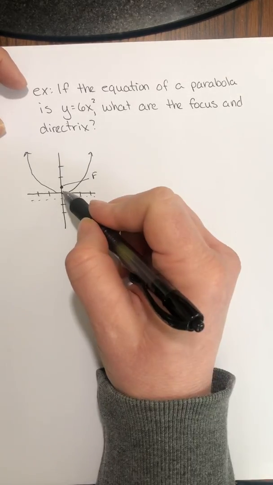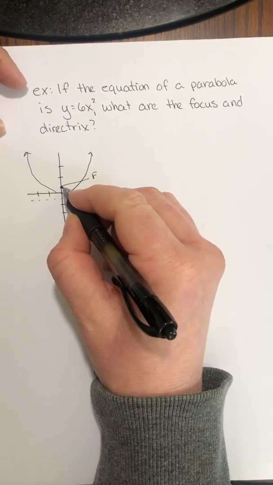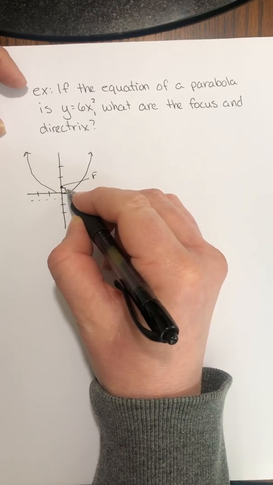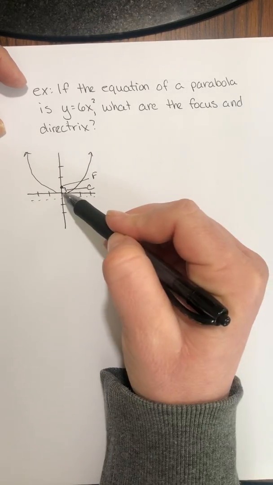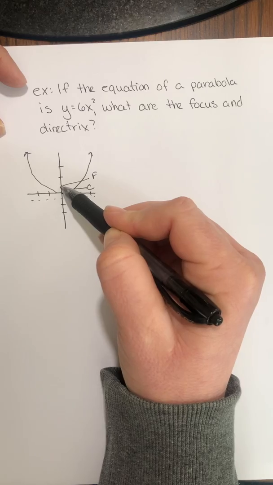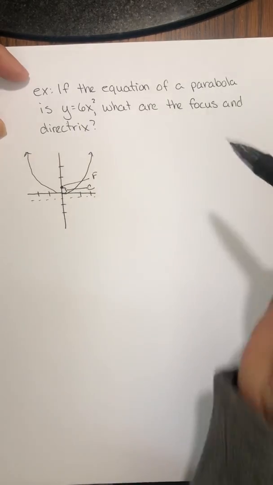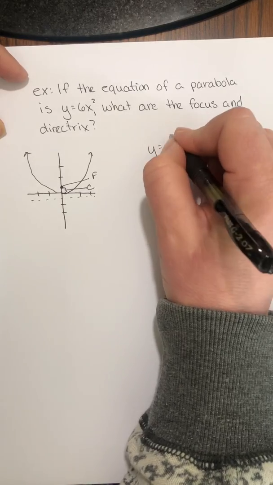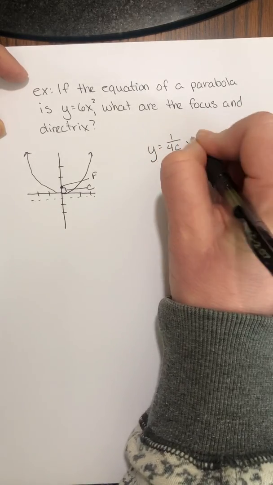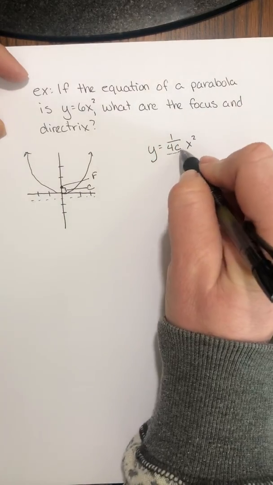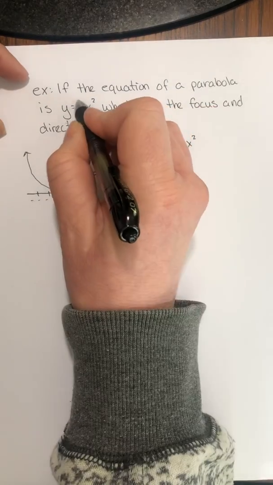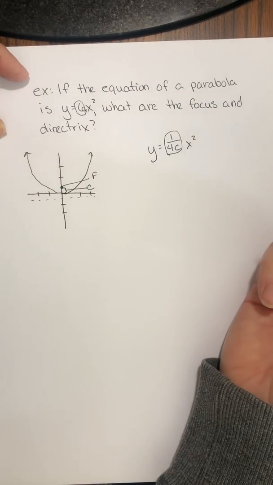So I need to figure out what C is because C is the distance from the vertex to the focus. So this equation is in the form y equals 1 over 4c x squared. That means 1 over 4c is equal to 6.